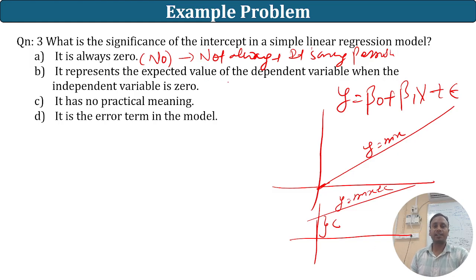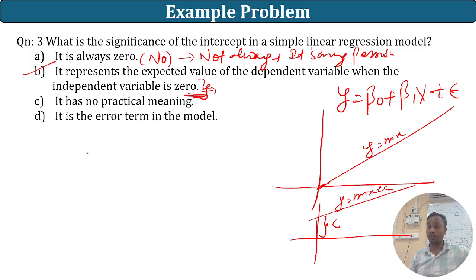It represents the expected value of the dependent variable when the independent variable is zero. Tell me. Yes, that is the answer they are going to say. It represents the expected value of the dependent variable when the independent variable is zero. It's the correct one.